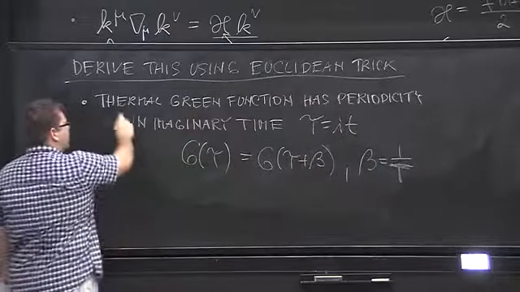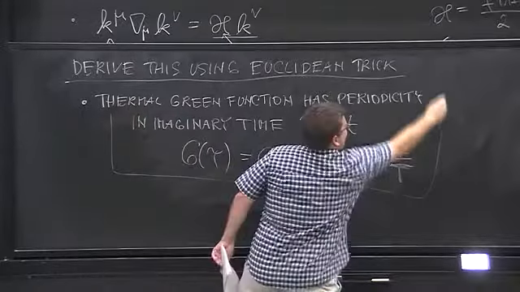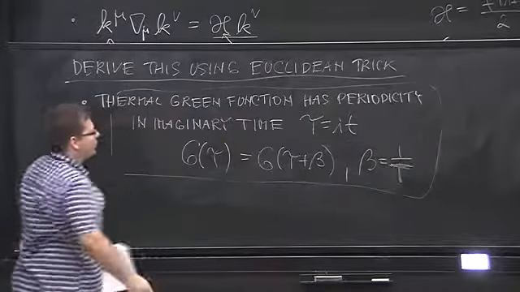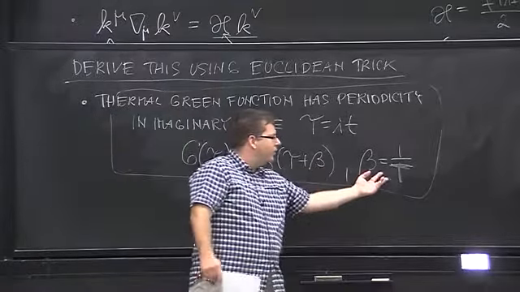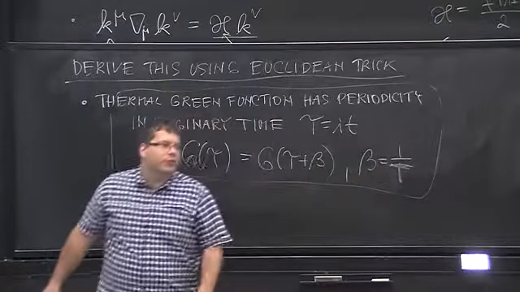Okay, so this is the statement. So any thermal function will have this periodicity. And this periodicity in the imaginary time is precisely related to 1 over the temperature of the system.